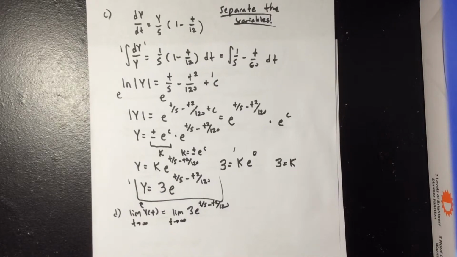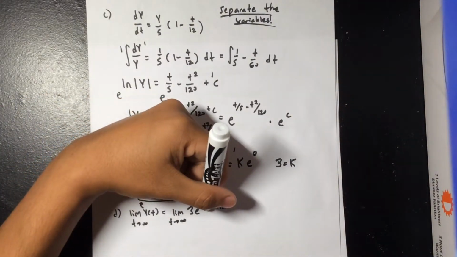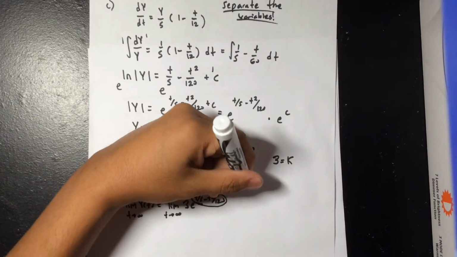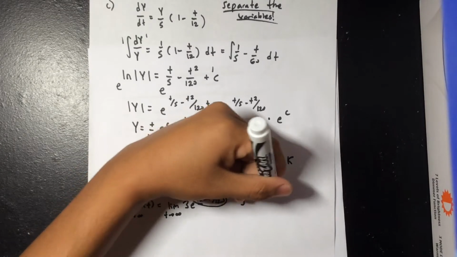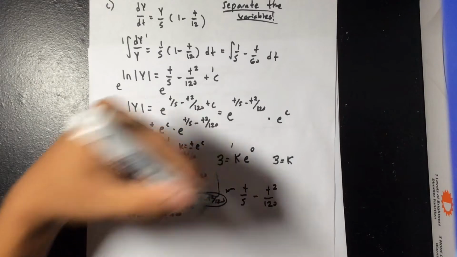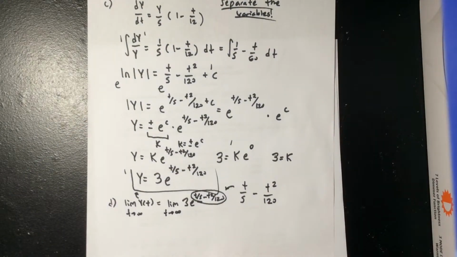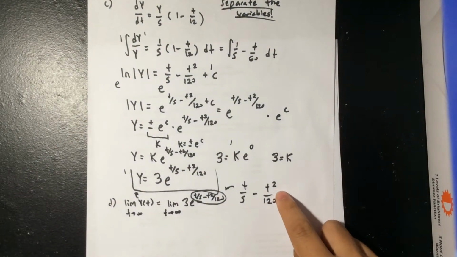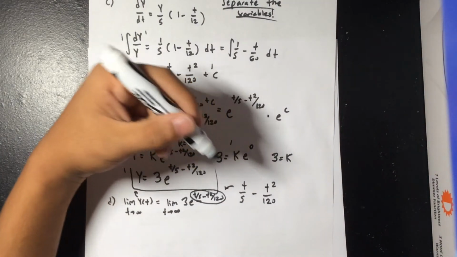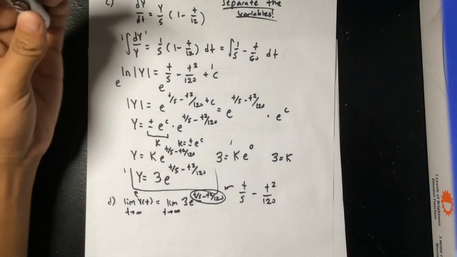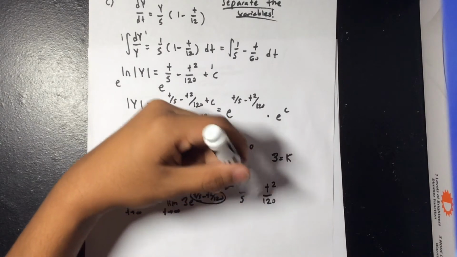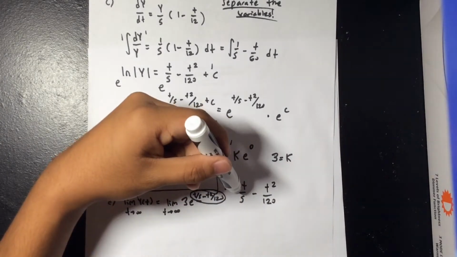Now, I'm going to attack this in a more conceptual way. I'm just going to look at the power of the e. So we have t over 5 minus t squared over 120. As you can see, this t squared is 1 degree higher than this t, meaning that when you plug in larger numbers, this side is going to grow faster than this side.